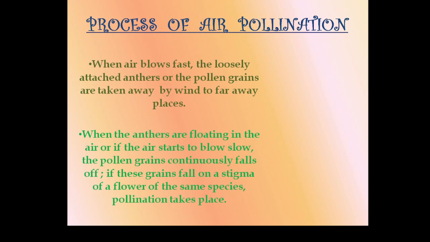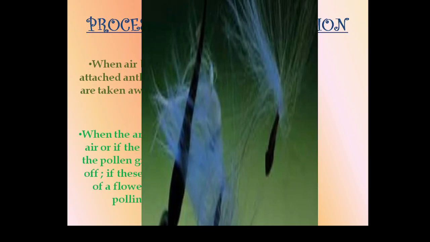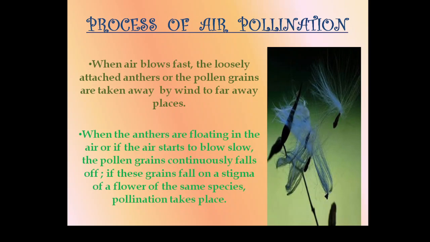Means when they are going in the air breeze, if the breeze is a bit slow, or if it has stopped gradually, the pollen grains will start falling, and if by any chance they fall on the stigma of a flower of the same species, obviously the pollination will take place. You can see sometimes like this, with the air they are blown away.